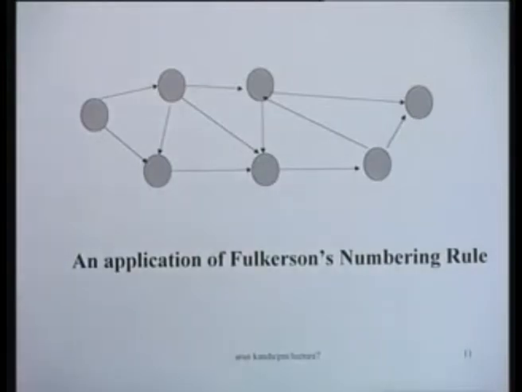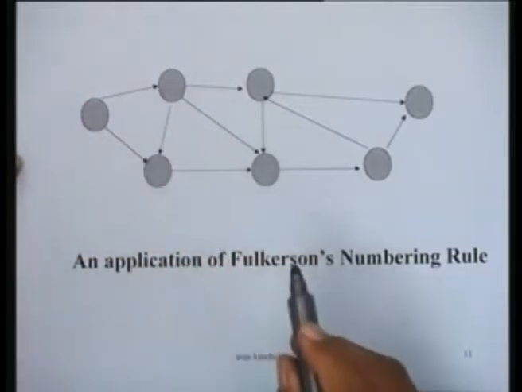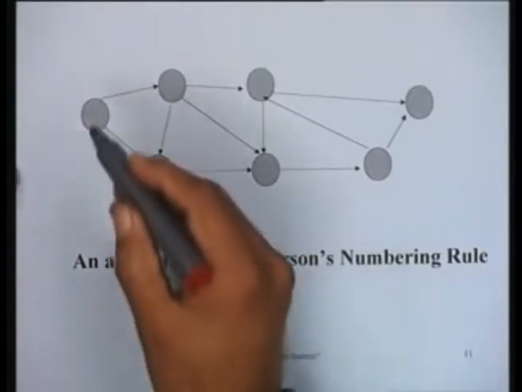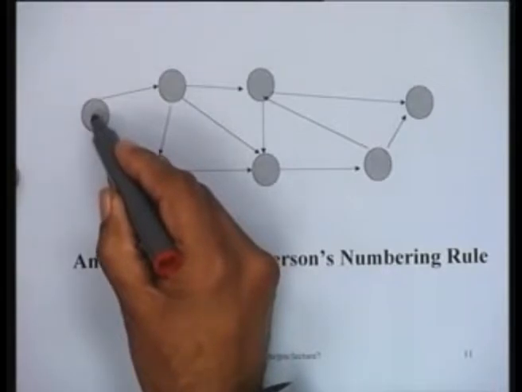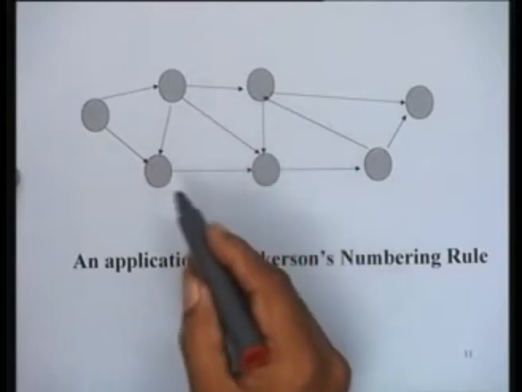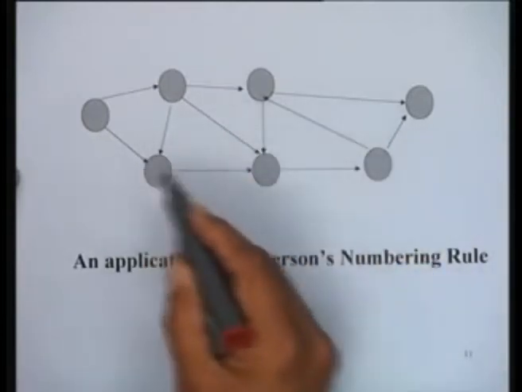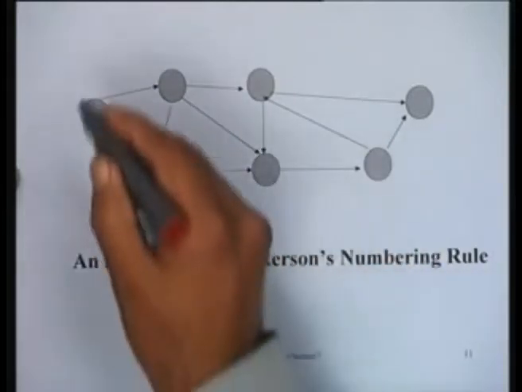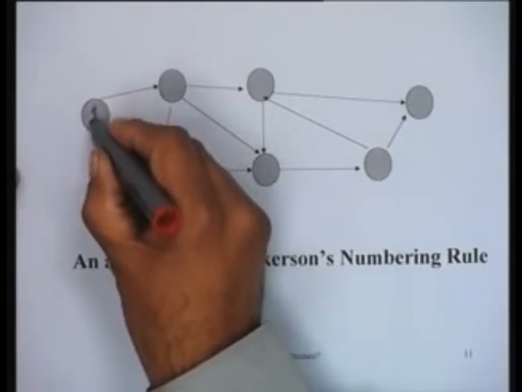So, let us look at the network and identify the source. Obviously, this node is the only source in the network because it has both arcs going out. There is no other node in the network which has this property. So, we can call this node number 1.